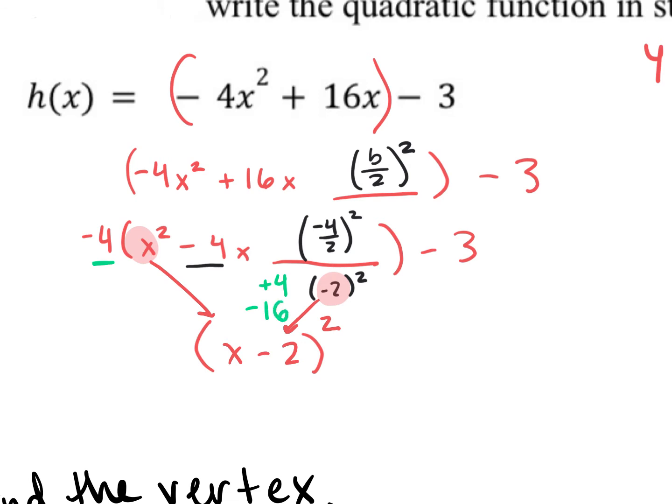So to keep my equation balanced, I need to add 16 to the 3. So negative 3 plus 16 would be plus 13. And that 4 stays on the outside as negative 4. And this would be vertex form.